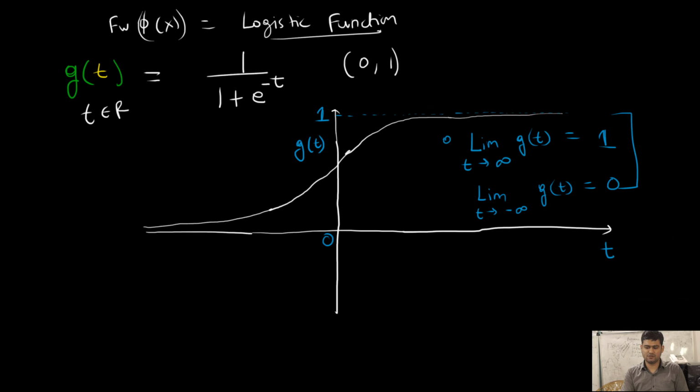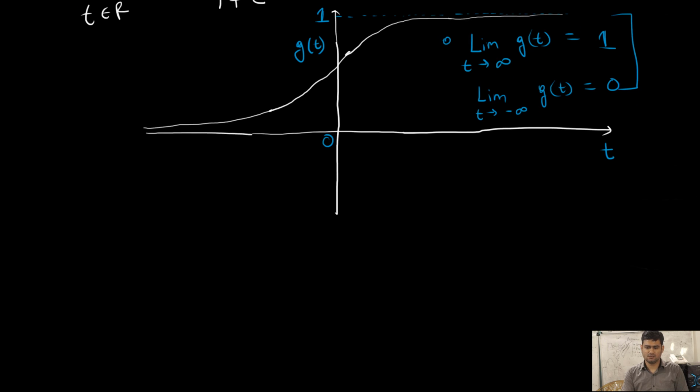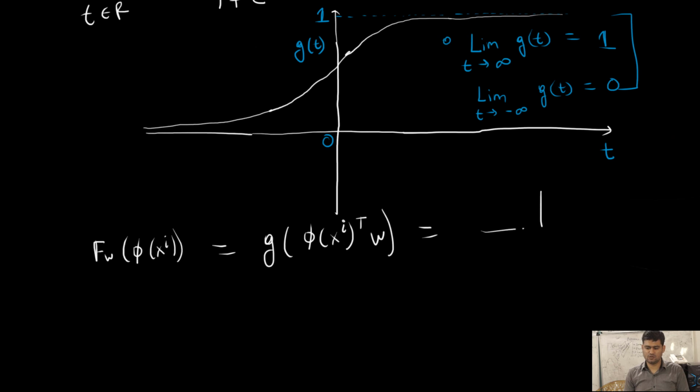So today we are going to learn this functional mapping on the data set. That is, our function fw of phi of xi is g of phi of xi transpose times w, which is 1 over 1 plus e to the power negative of phi of xi transpose times w.